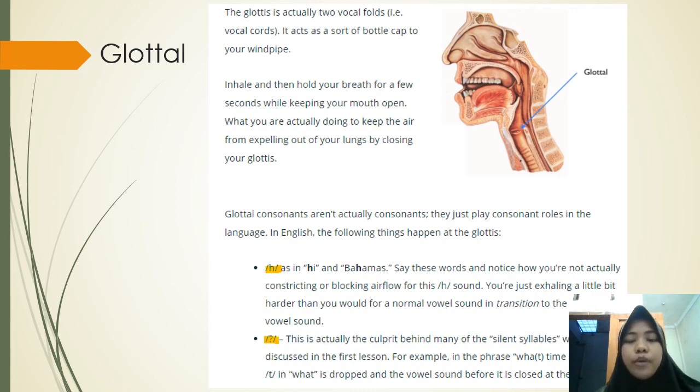It is where we make the obstructions of the airflow. And the last one is the manner of articulation. It deals with how the air flows. Those three terms are really important when we are talking about consonants, which will be discussed in the next meetings.